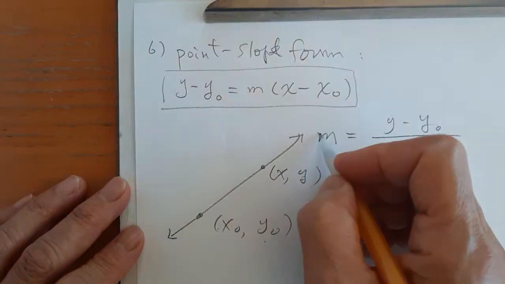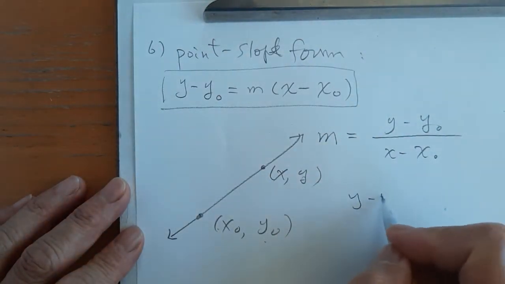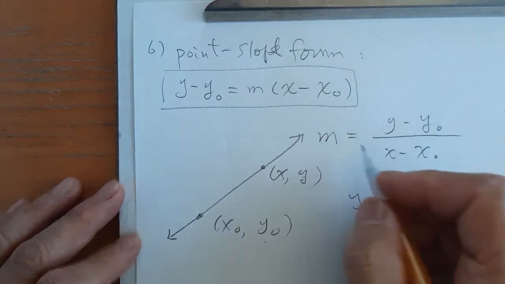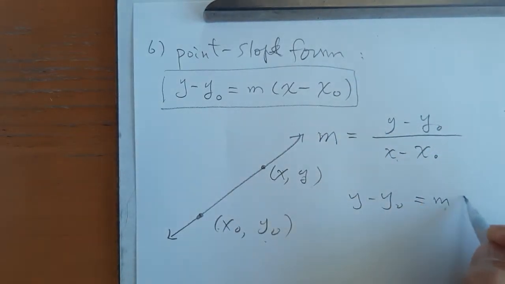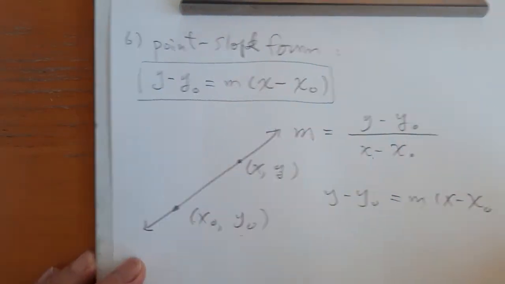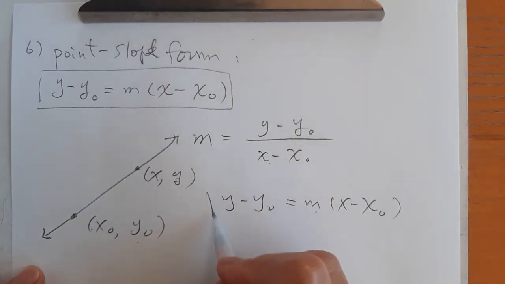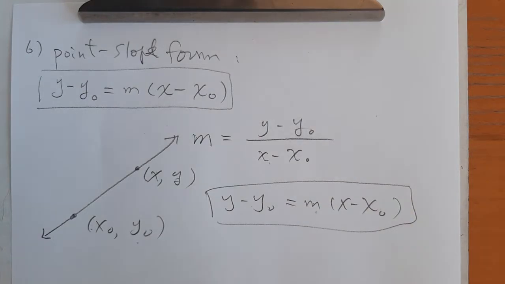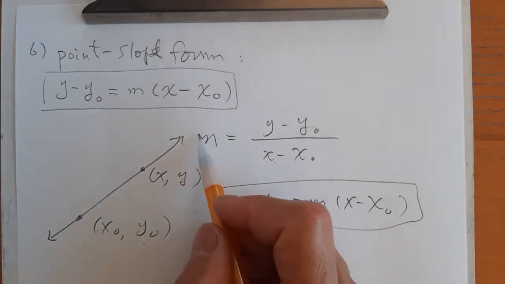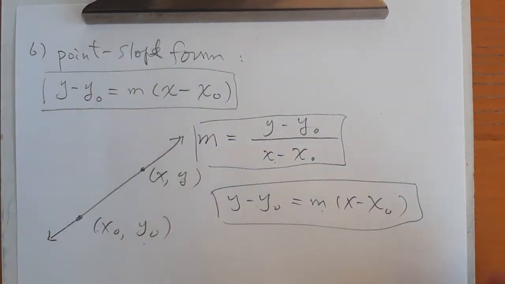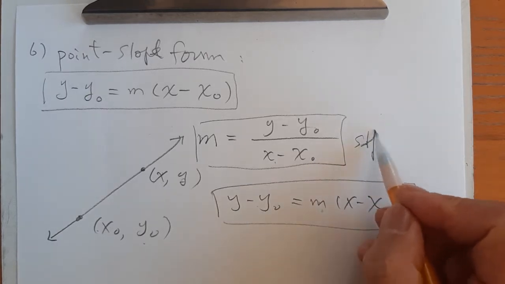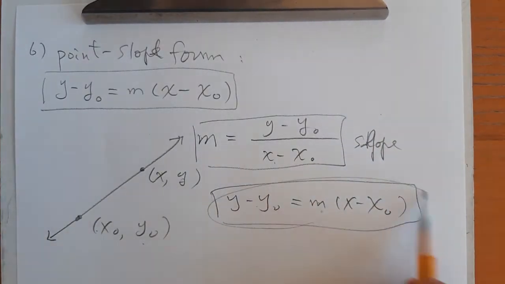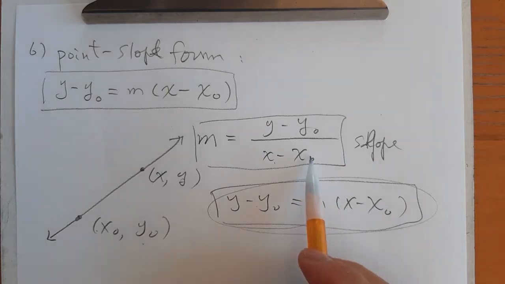Then you do y minus y0 equals m times (x minus x0), and you get what we call the point-slope form. So this actually comes from the slope formula.